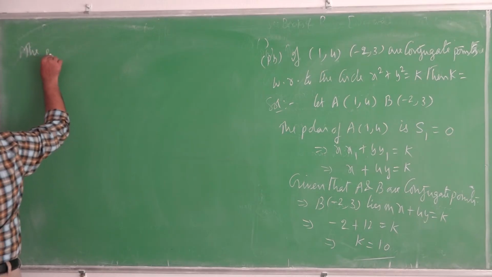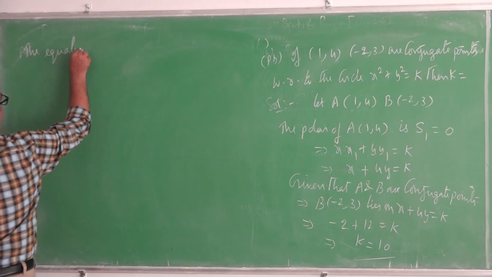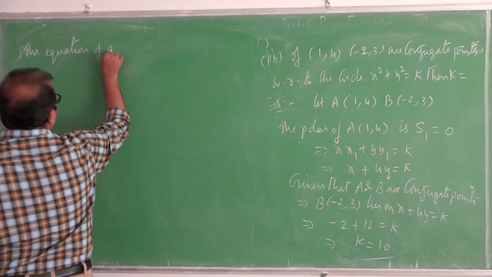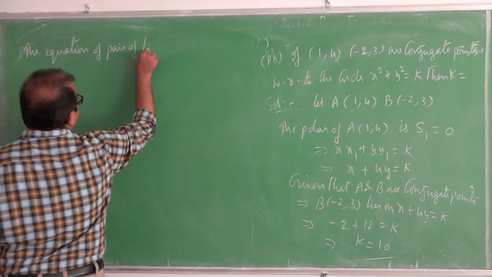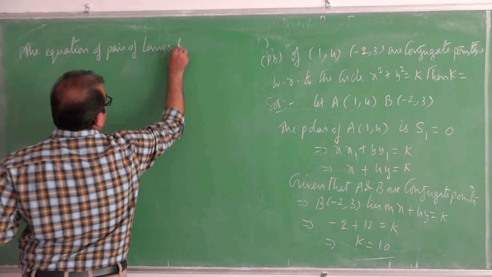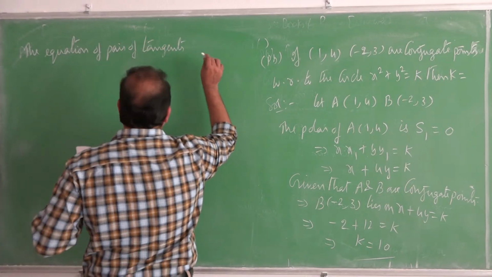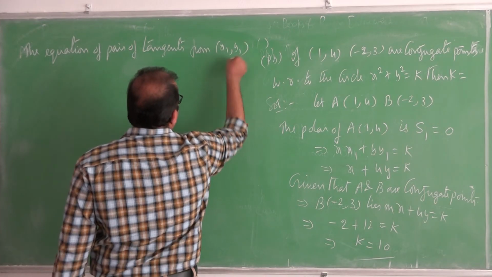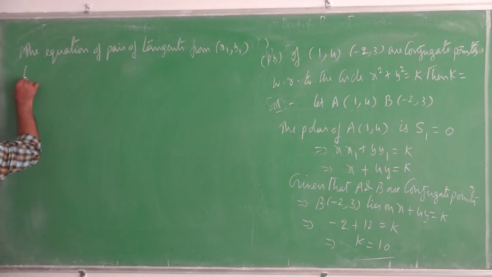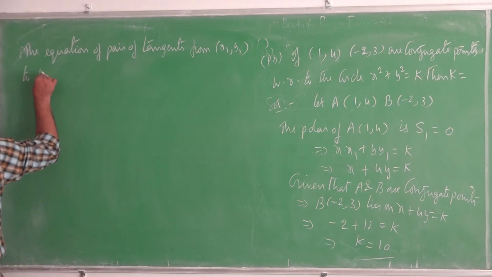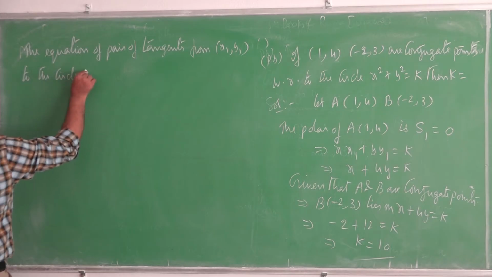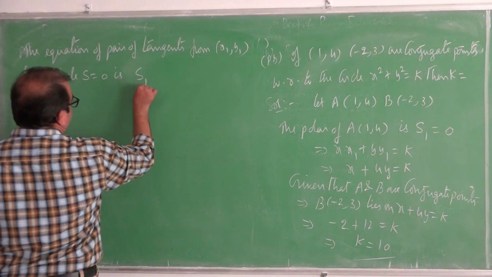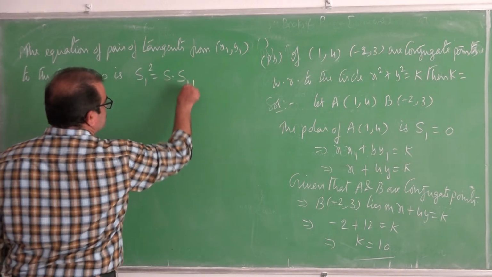The equation of pair of tangents from point x1, y1 to the circle S is equal to 0 is S1 square is equal to S into S11.